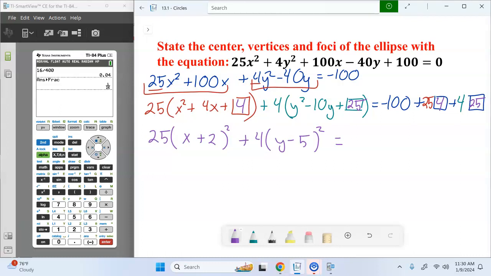And negative 100 plus 25 times 4 plus 4 times 25 equals... So we've completed the square, now we just need to finish getting in standard form with one last step. Divide everything by 100.